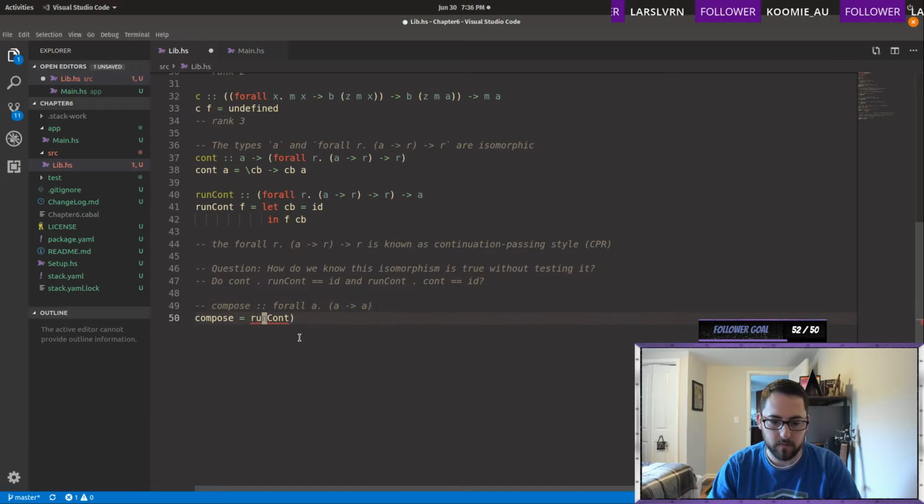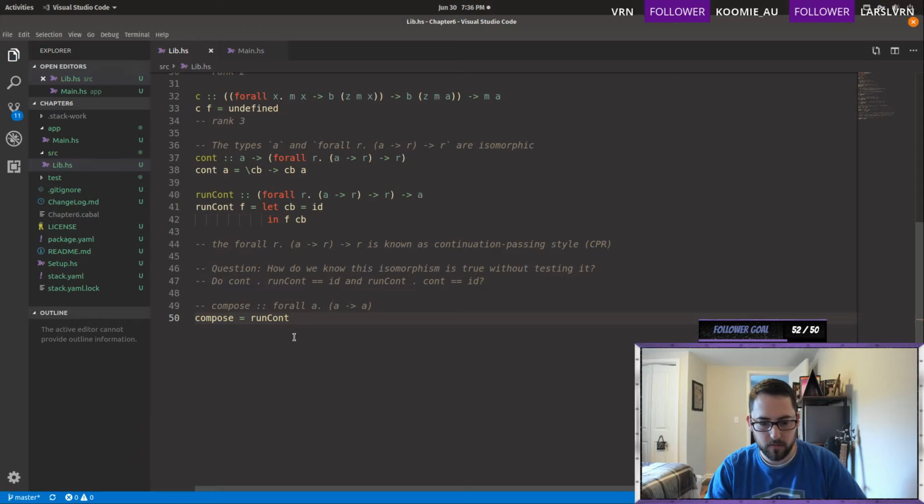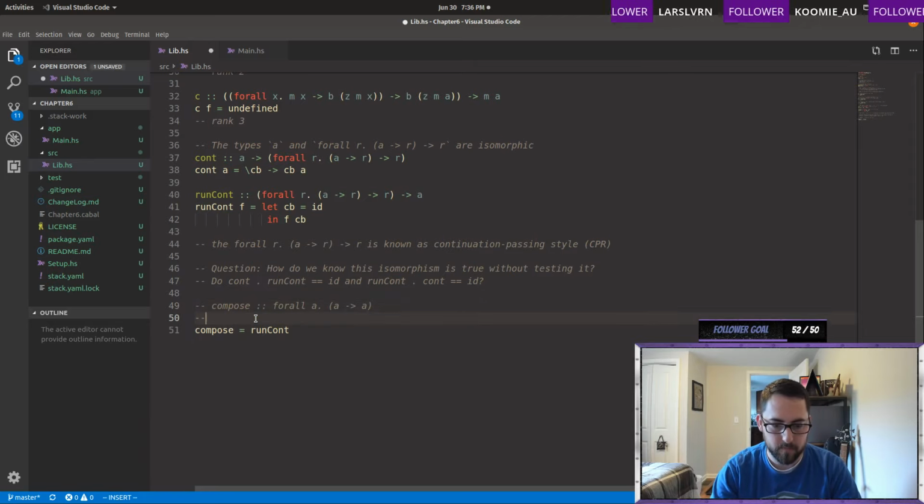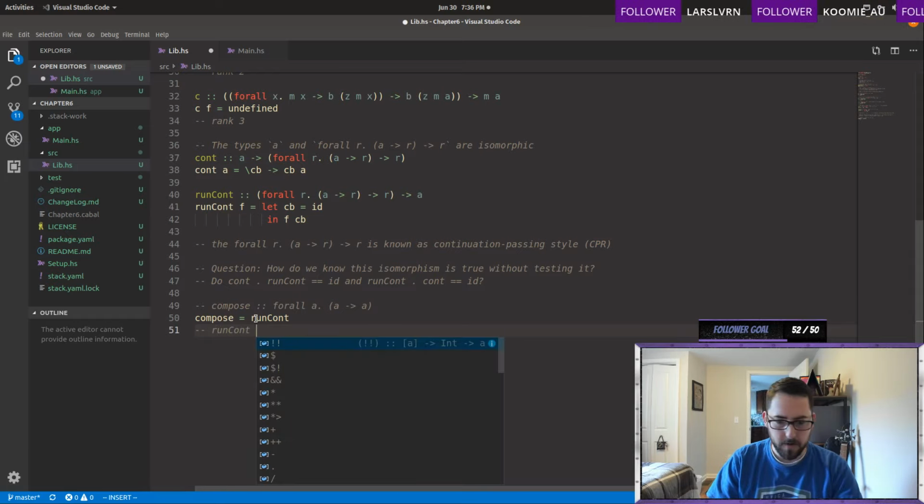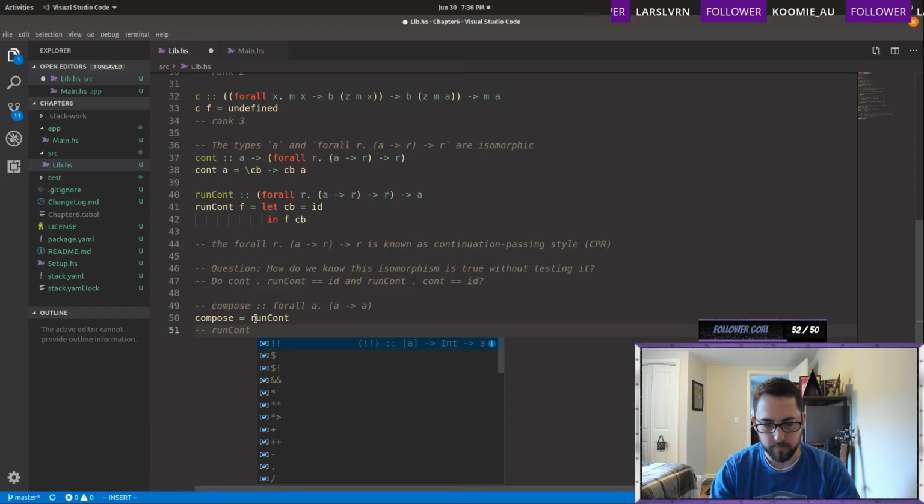If I just do this, what does this look like? Okay, so let's write this explicitly. So what I want to be able to do is prove that this is isomorphic by composing it and actually checking it instead of just guessing.